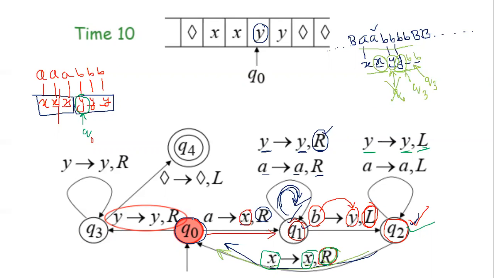If all the B's have been converted to Y, then surely the number of A's and B's was the same. That's why when no A is left, no B is left either. Am I clear?